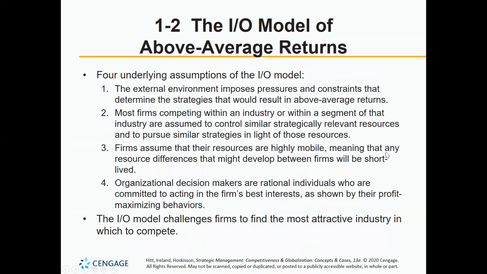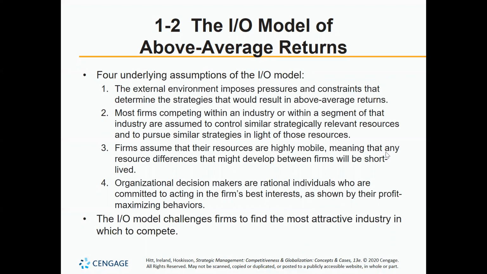There are 4 underlying assumptions of the IO model. First, the external environment imposes pressures and constraints that determine the strategies that would result in above average returns. 2, most firms competing within an industry or within a segment of that industry are assumed to control similar strategically relevant resources and to pursue similar strategies in light of these resources. 3, firms assume that their resources are highly mobile, meaning that any resource differences that might develop between firms will be short-lived.